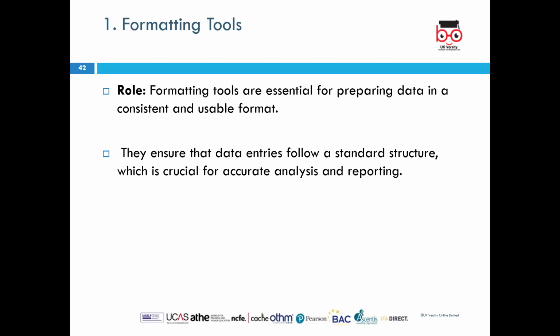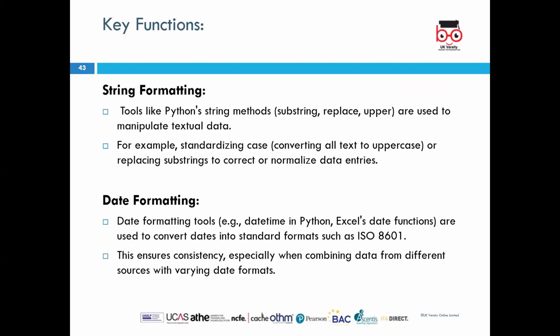So we now have tools for formatting, which are going to be essential for preparing data in a consistent and usable format. So what are the key features of formatting?